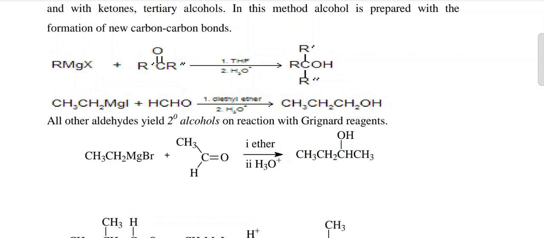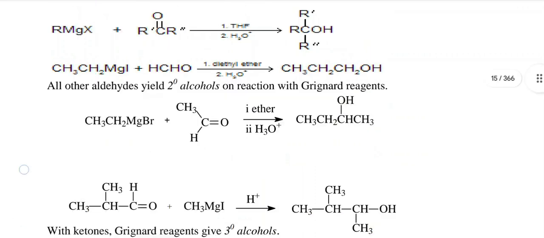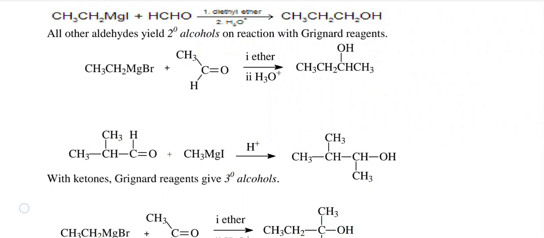For example, RMgX with R'C=O in the presence of THF gives alcohols. All other aldehydes yield secondary alcohol on reaction with Grignard reagent. With ketones, Grignard reagent gives tertiary alcohol.